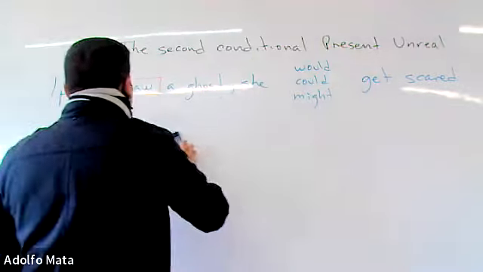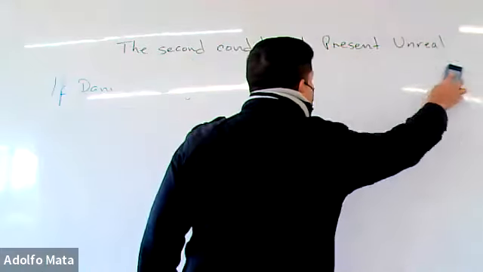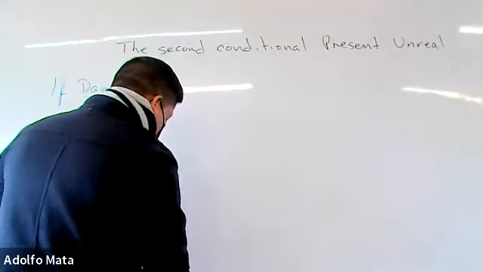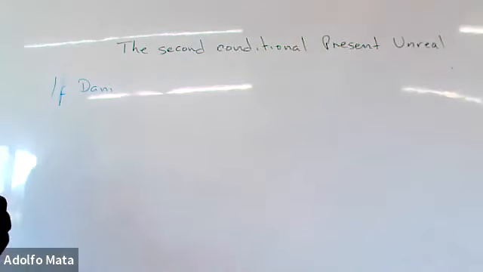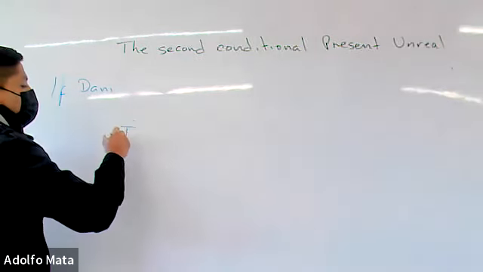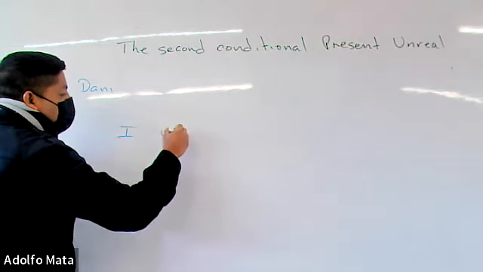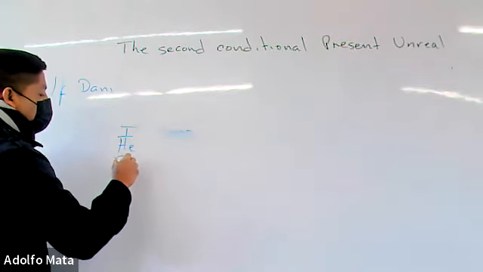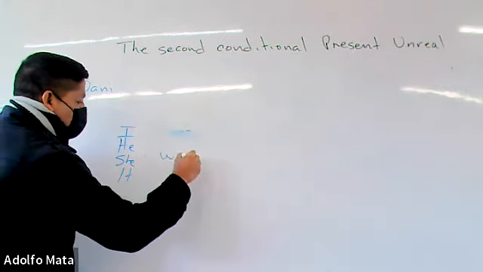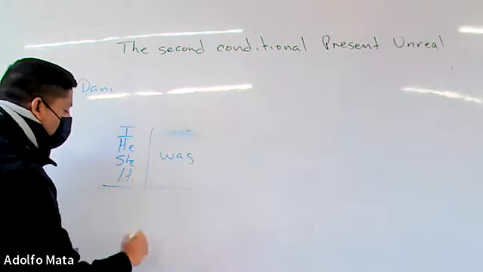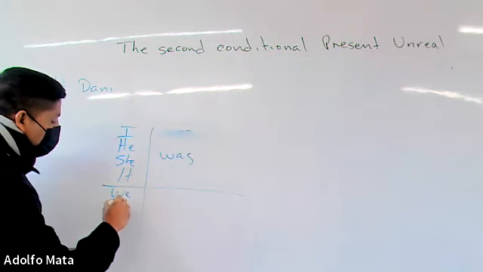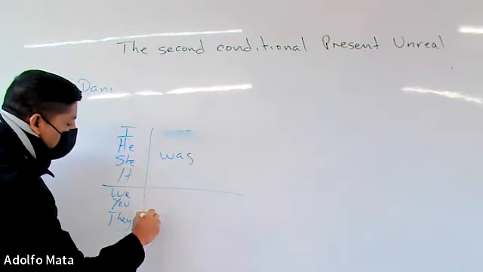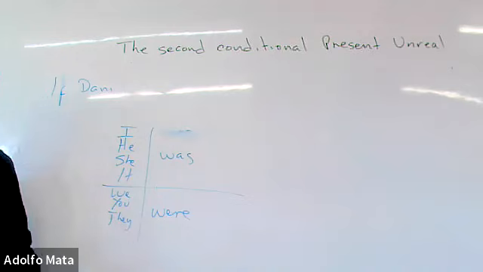Remember that normally, when we conjugate the verb to be in past, we use was for I, he, she, and it, and were for we, you, and they, right? That's the past for the verb to be.